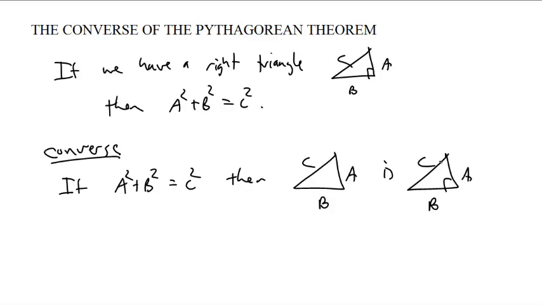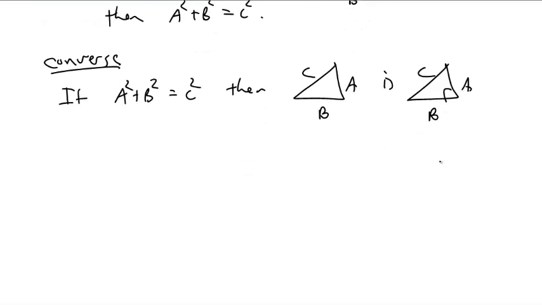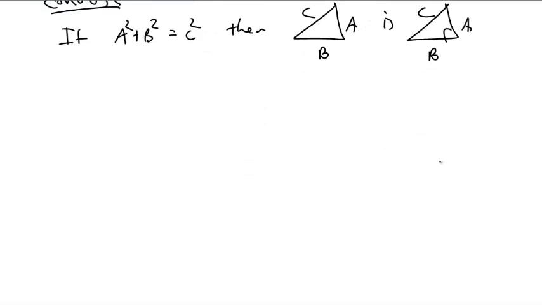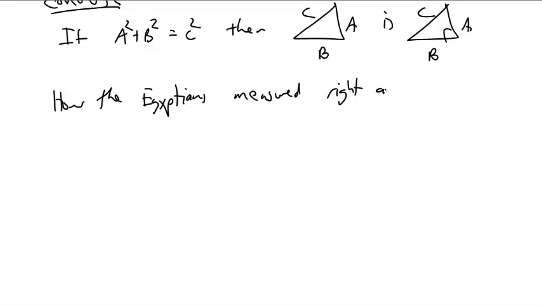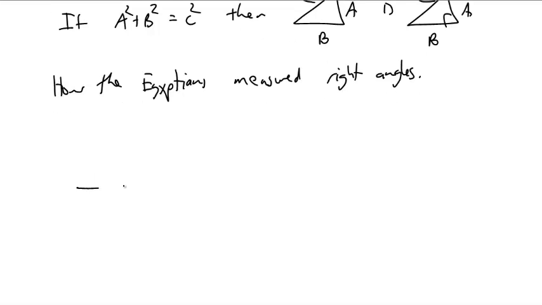So the most interesting use of this is, and I referred to this in a previous video, how the ancient Egyptians measured right angles. It is believed that they didn't know the full Pythagorean theorem, but they did know about the most beautiful of all right triangles, which is the 3, 4, 5 right triangle.